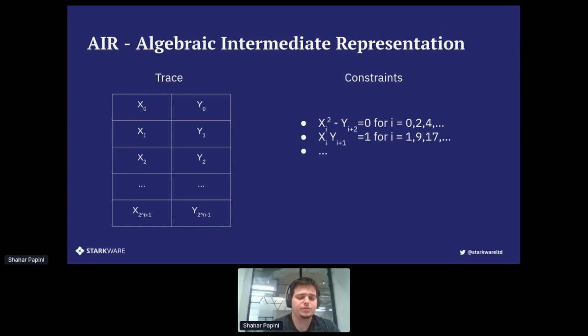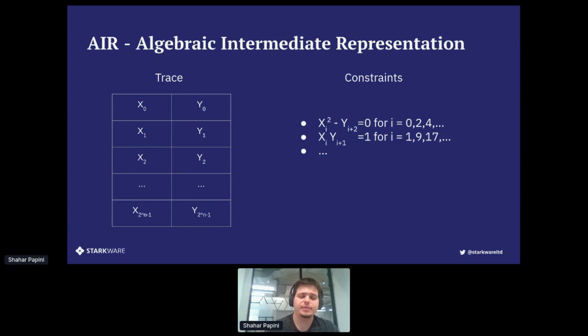For example, if we wanted to prove the Fibonacci statement, then probably the ith row would correspond to the ith Fibonacci number, or something like that. Together with the trace, we have constraints on these cells. These are polynomial constraints that act in the field on these trace cells. So again, in the Fibonacci example, the constraint would probably be some cell equals the sum of the two cells above it, like in the Fibonacci recursion.